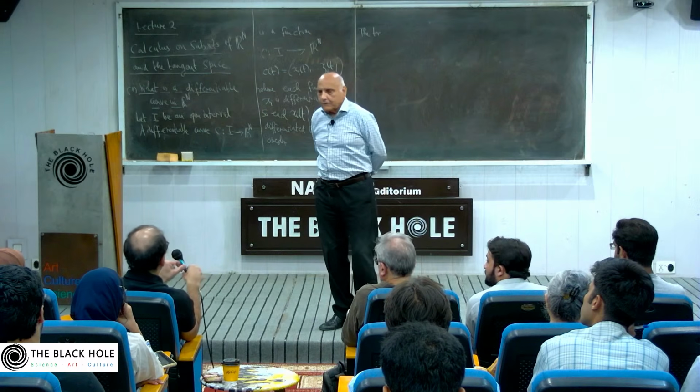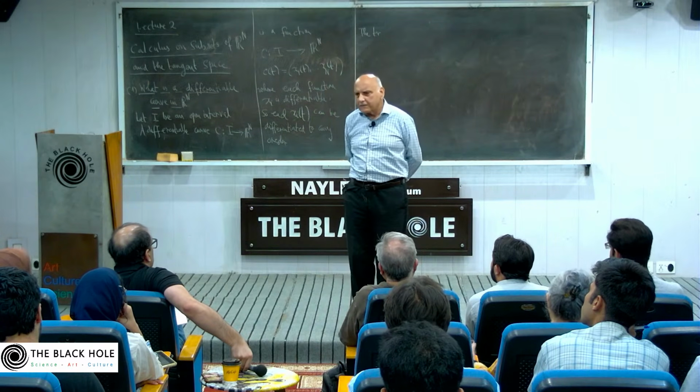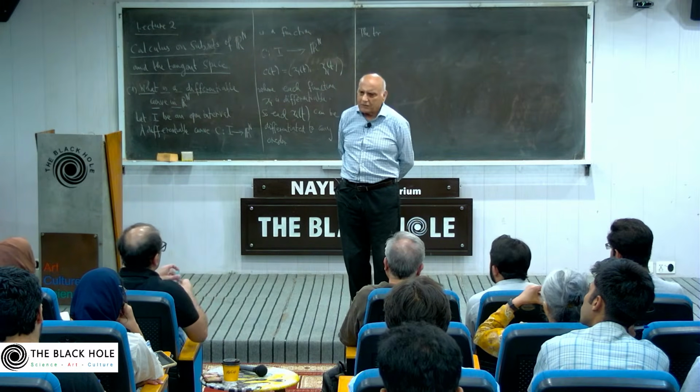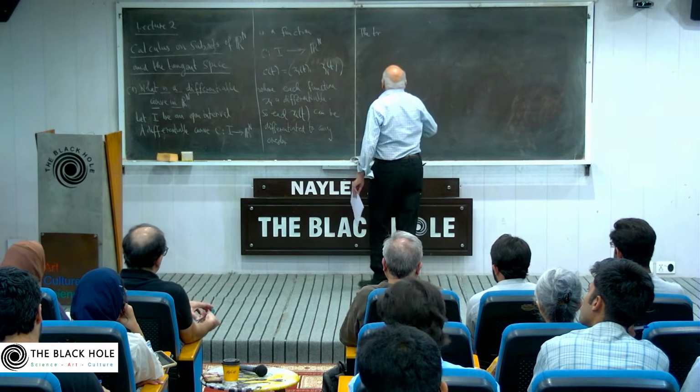When you say that we assume it can be differentiated to any order, is that a further restriction? That's an extra condition. I think it'll take too long to explain why; basically it's because of partitions of unity. It's a technical thing you need for integration theory.